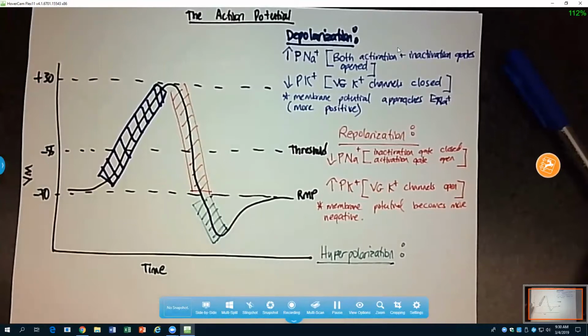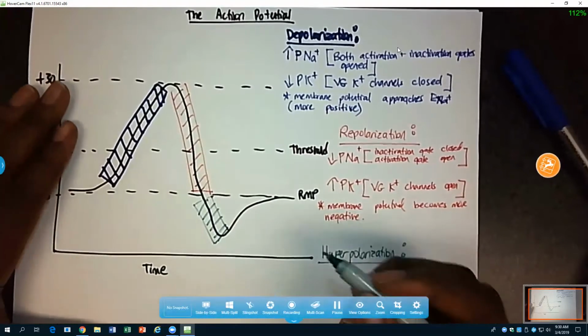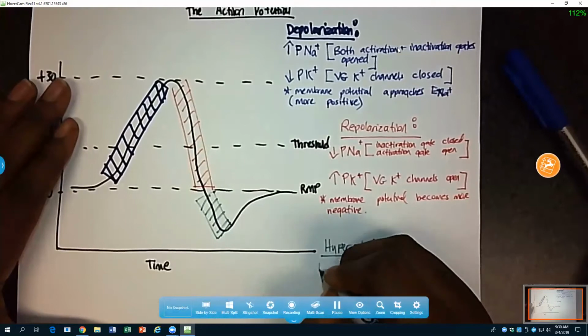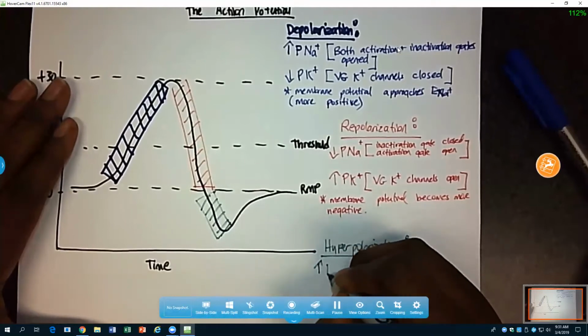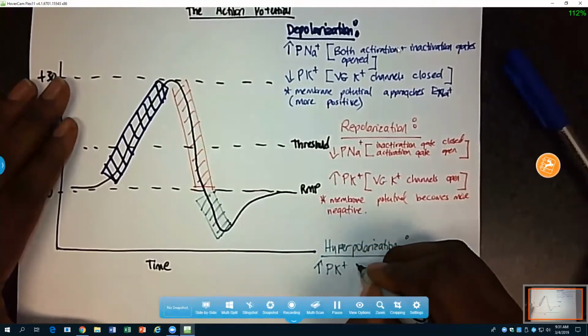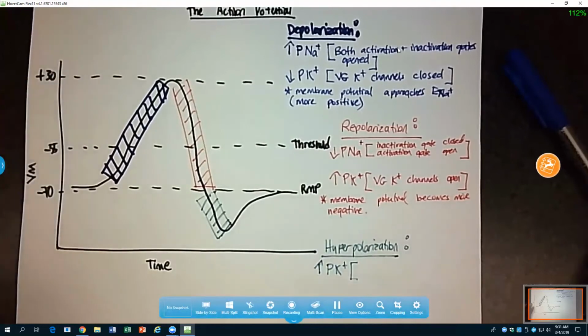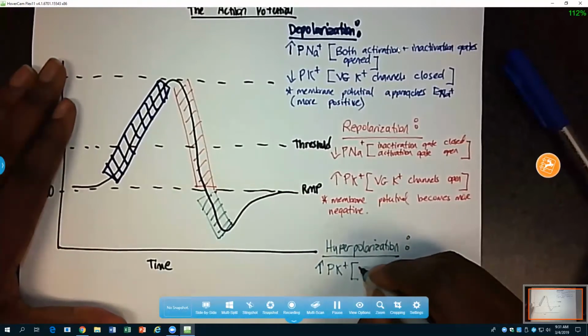Hyperpolarization is getting closer to the negative 94, so it's getting closer to potassium's equilibrium potential. That's correct. We have an increased permeability to potassium here, because the potassium channels are in the process of closing. They're not closed just yet.